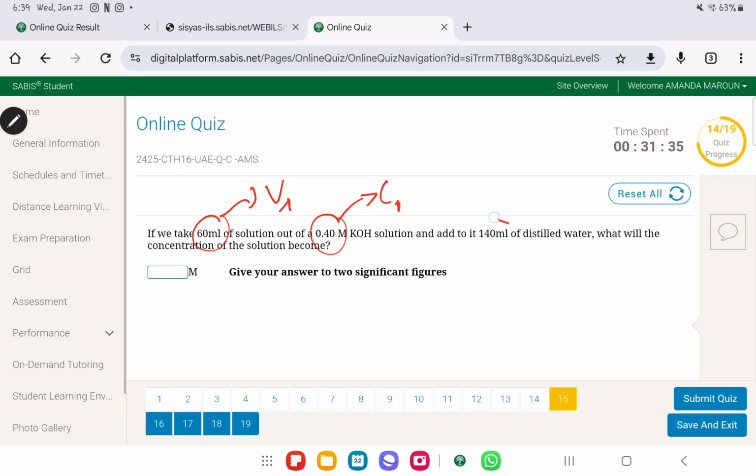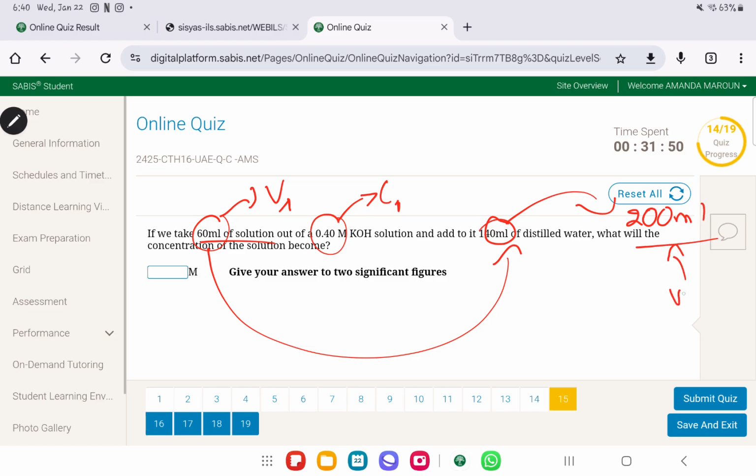Okay, they added it to 140 milliliters of distilled water. Now this is not our volume 2. Why? Because this one has a volume of 60. You added it to 140 milliliters to give you 200 milliliters. This is our volume 2. They need, what will the concentration of the solution become?